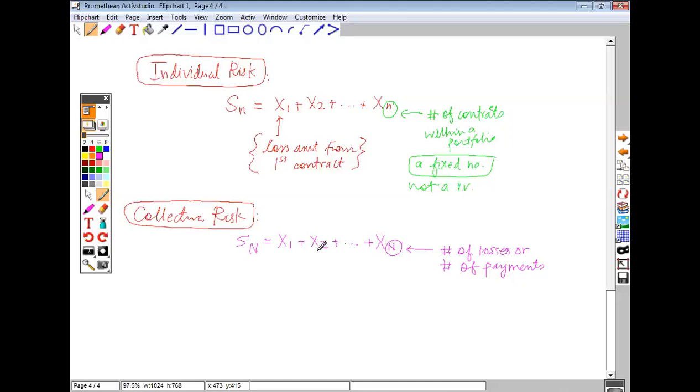So what happens in the individual risk model is we have these claim amounts independent of each other, but they may or may not necessarily be identical. So just to give you an example, consider the case of life insurance. You already know the number of losses that you can incur.